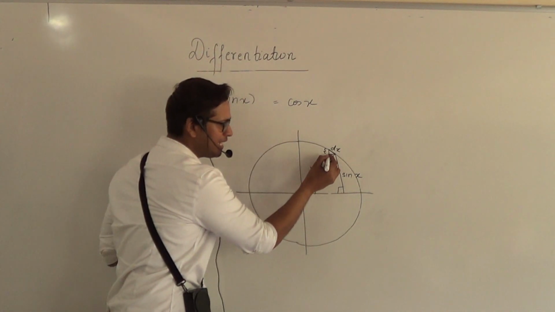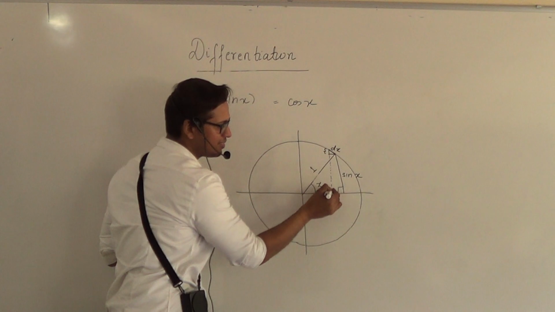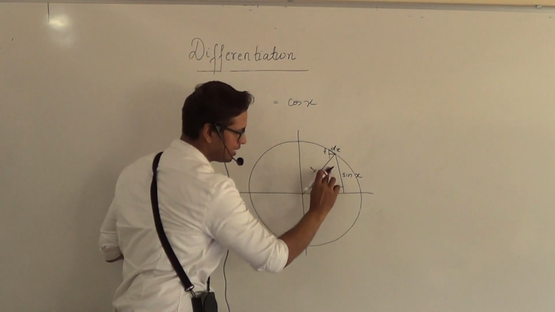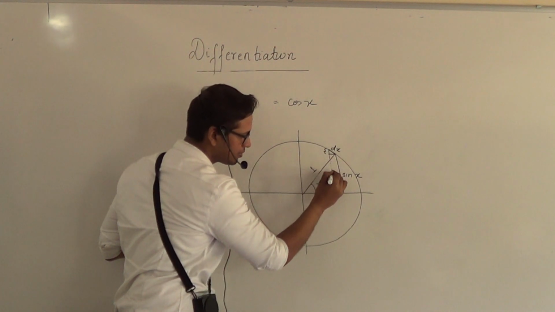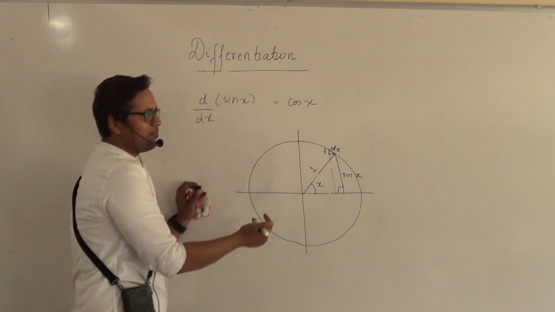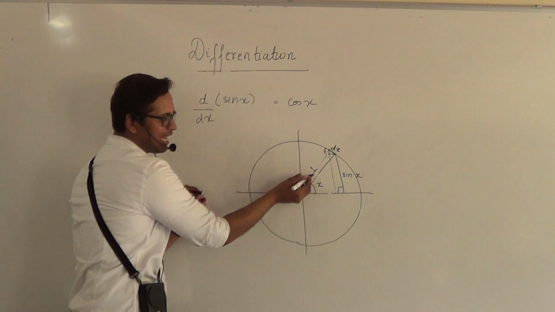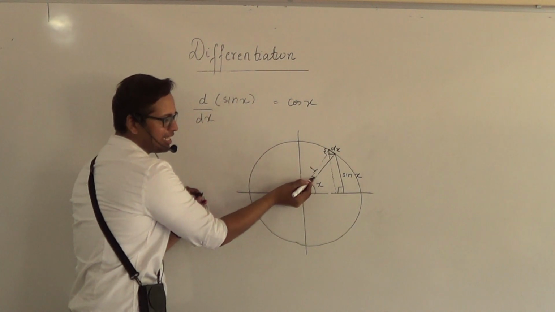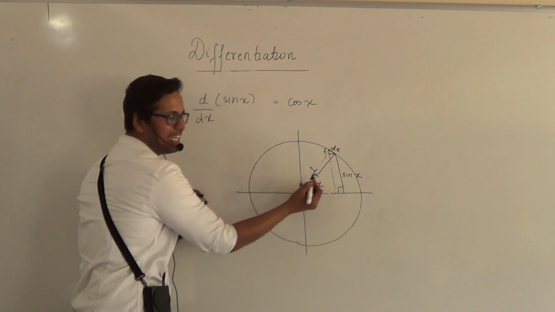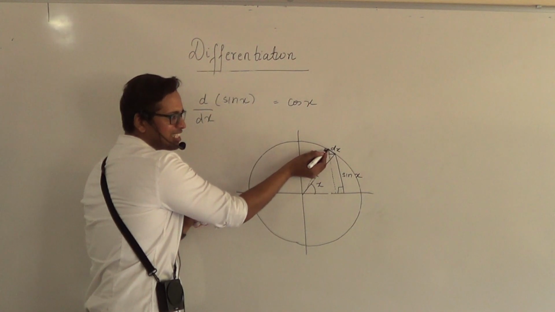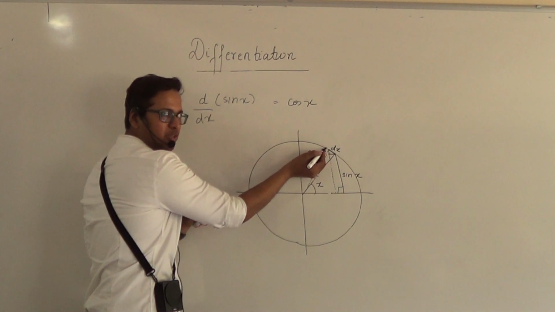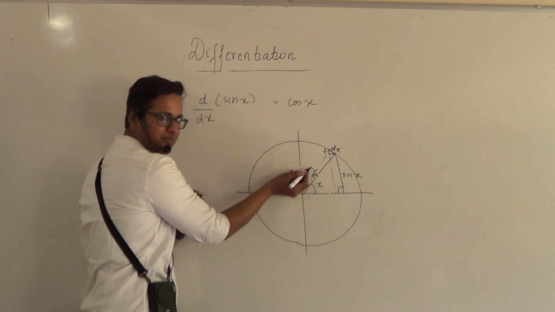So my new height is going to be this, right? Let me draw a parallel line. If I nudge my angle by delta x, this is my dx. Can I say this angle is going to be the same angle here, right?